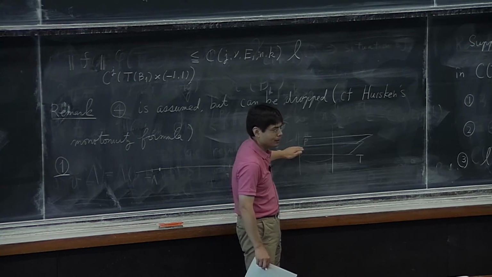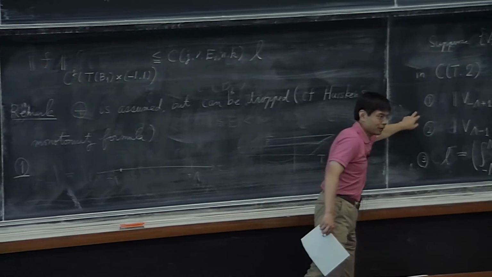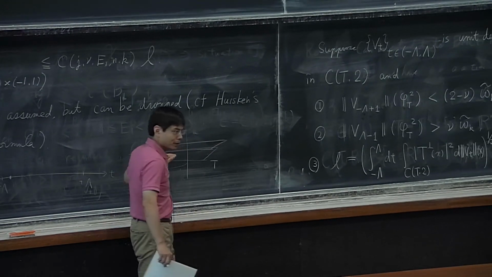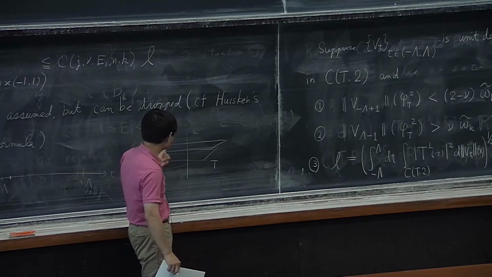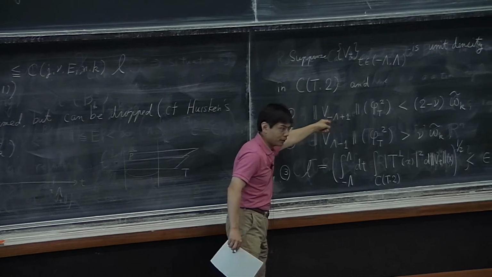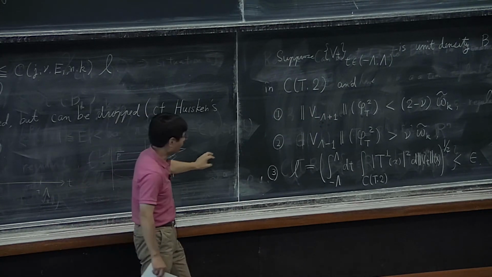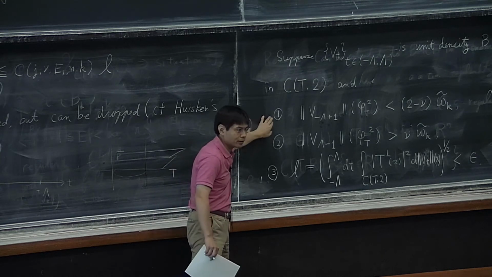To exclude this kind of situation, I'm putting this condition. This is going to be almost 2 omega k tilde. In Allard's regularity theory you have the same kind of thing as well.